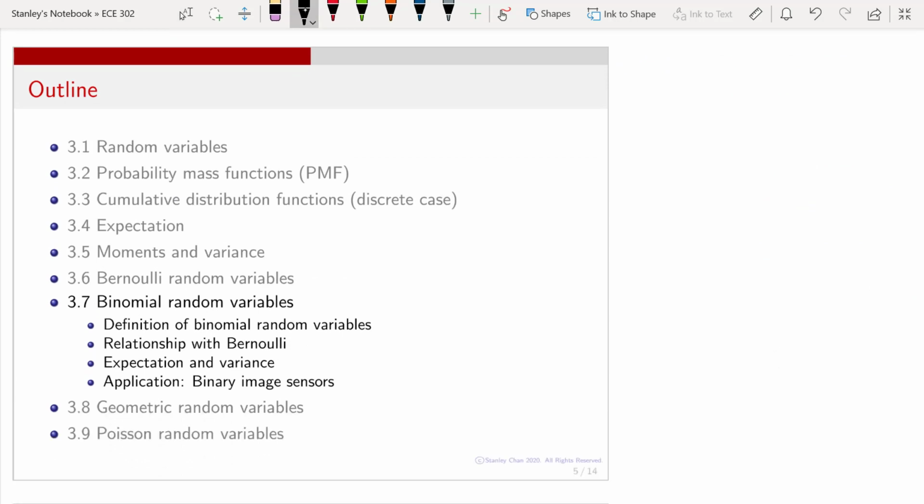So here is the outline of today's lecture. We want to first define the binomial random variables, and then talk about the relationship with Bernoulli, variance, and expectation, and then we'll come back to the application using this binary image sensor again.